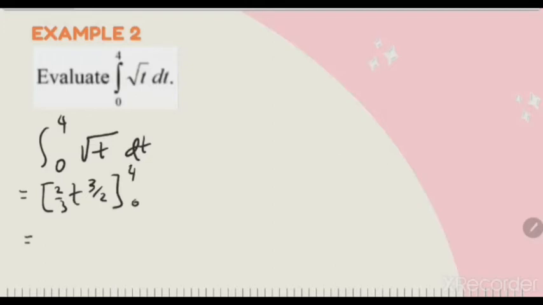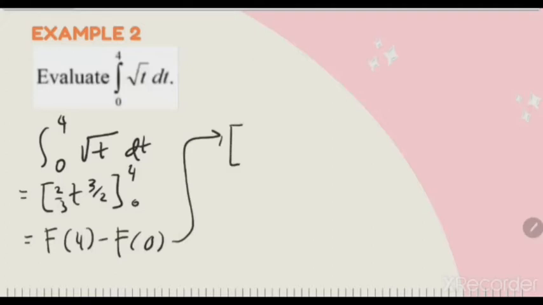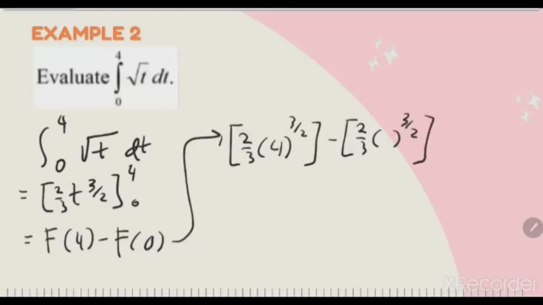After that, the second step is we have to write the definite integral as the difference of the antiderivative, which is F(4) minus F(0). Next, we rewrite the equation and substitute the limits in it. The lower limit is 0. And then calculate and simplify, we got 16/3.